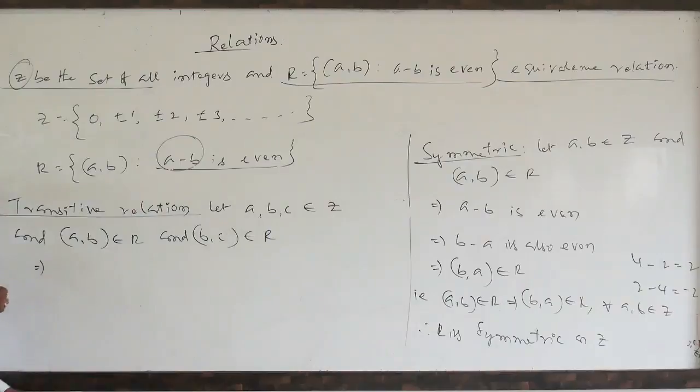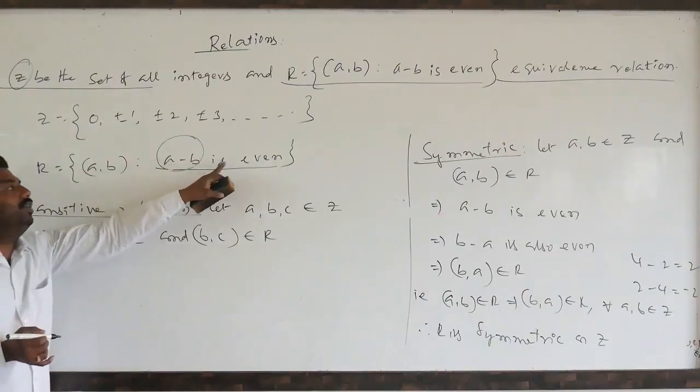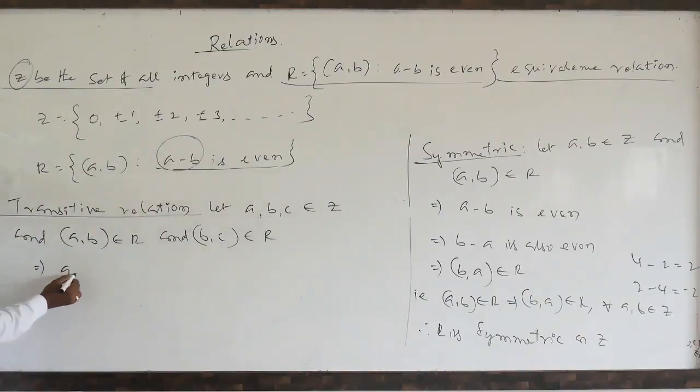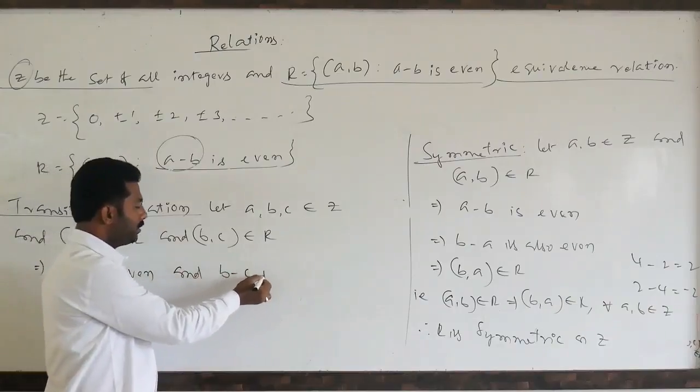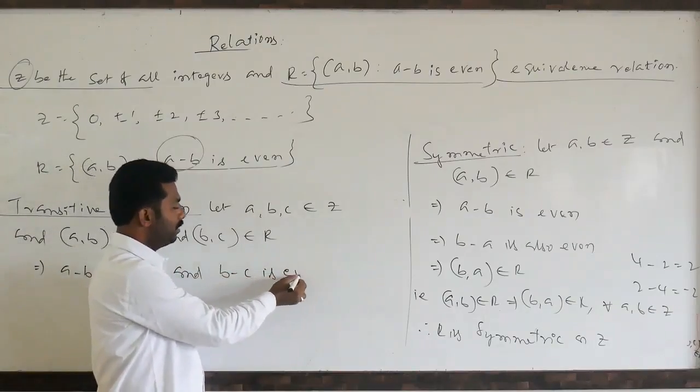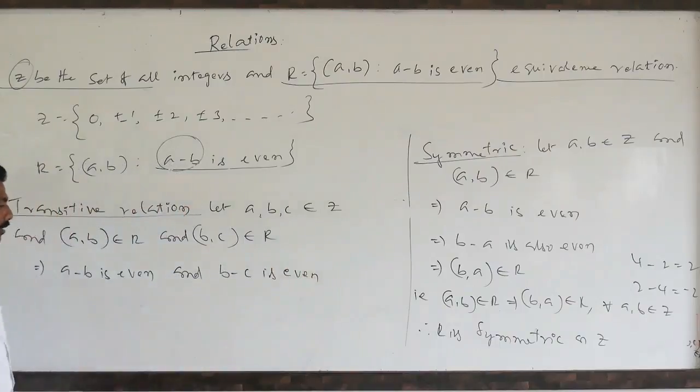So according to the given relation capital R, if A comma B belongs to capital R, what is the relation? A minus B is an even number. So we can write A minus B is even and B minus C is also an even number.